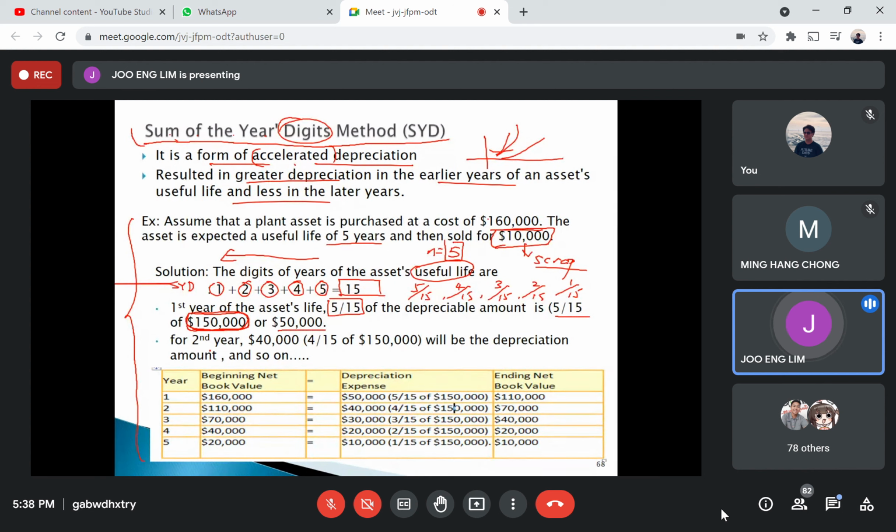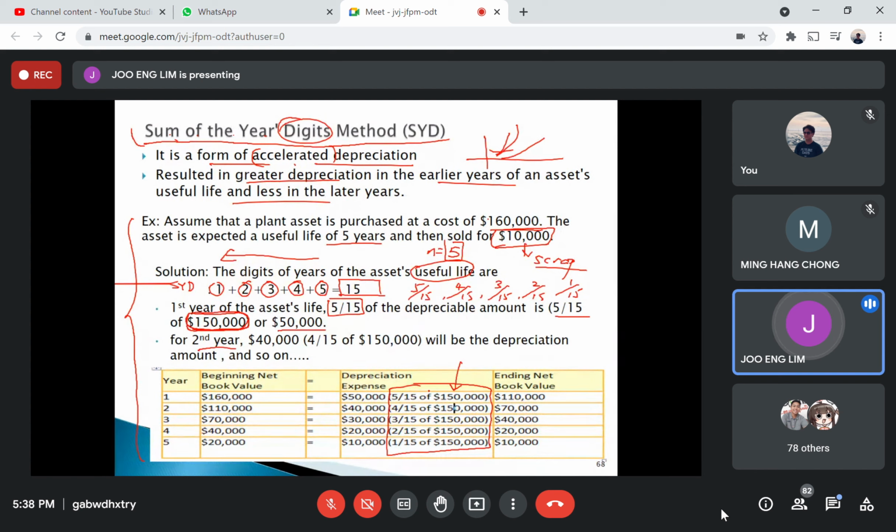Same thing when you go into the second year, you actually have 150. So in the second year you use 4/15, also multiplied by the depreciation base. 5/15, then 4/15, then 3/15, then 2/15.